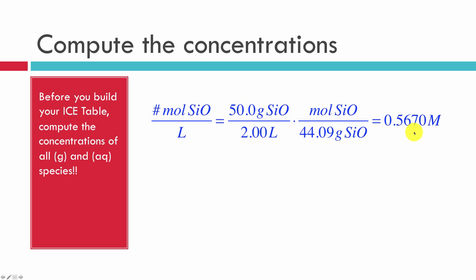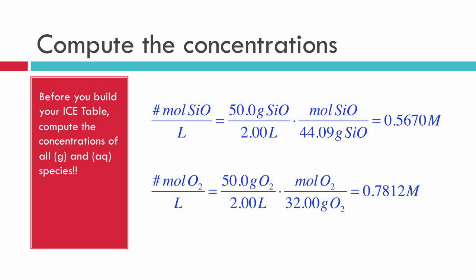We find the concentration of the silicon monoxide. And similarly, we can do the same thing with oxygen, O2. So we now have the initial concentrations of these two species. We could calculate the initial concentration if we wanted to of the liquid, but that's not necessary because it's not in our equilibrium expression. So don't waste time doing that if you don't have to.